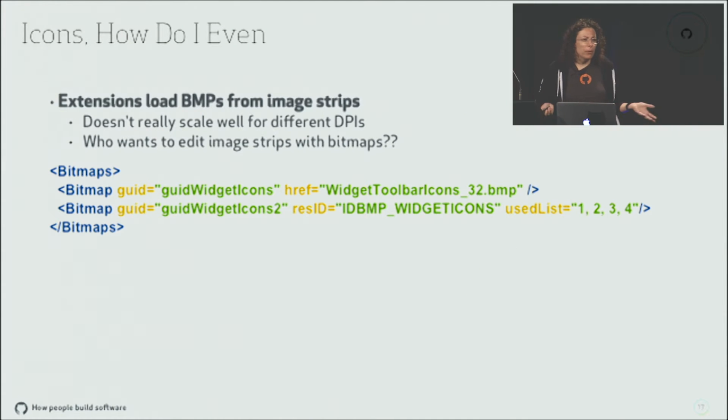Icons, apparently it should be easy loading these little icons, and we're in DPI land. This stuff should be fixed, right? Not so much. Visual Studio until now still uses bitmap lists. If you want multiple sizes of icons, you make them and you put them in. I have no idea how to use this stuff at all. I gave up. I was like, I don't know, Microsoft, help.